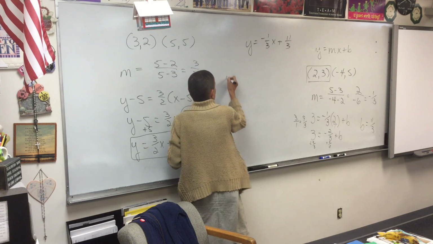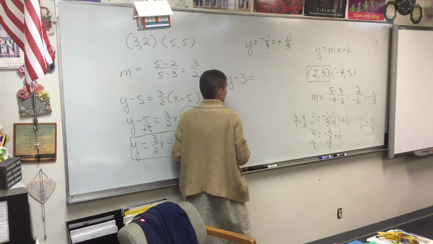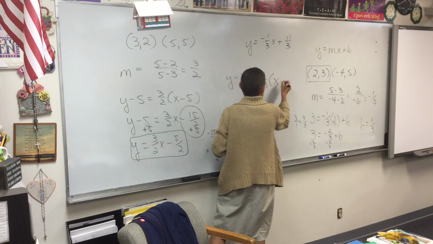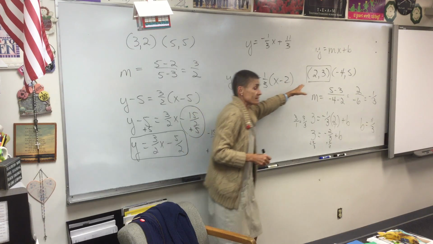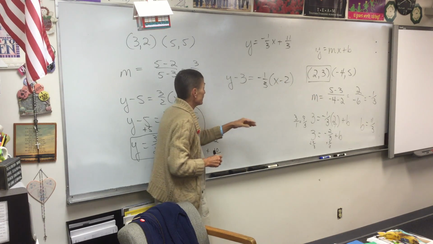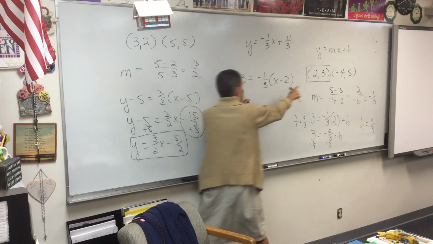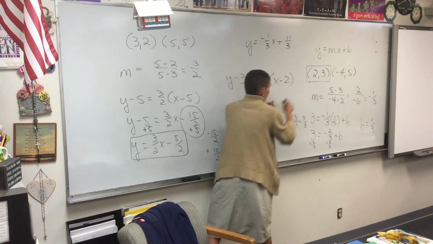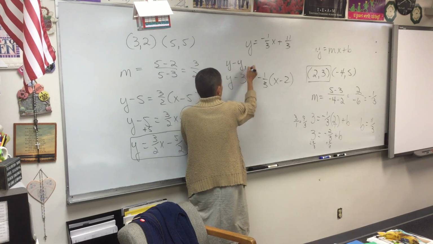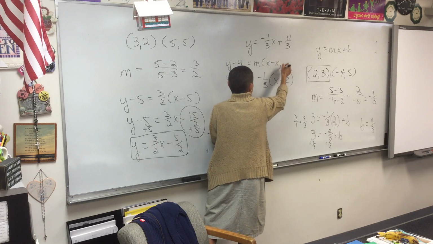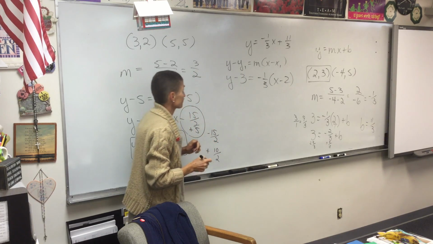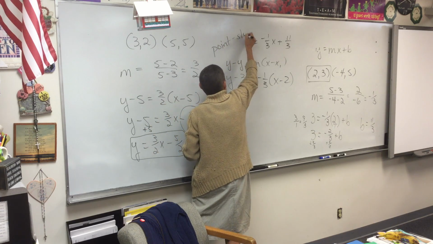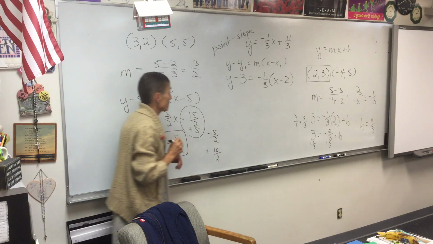Point slope says y minus your y coordinate equals m times x minus your x coordinate. Now I'm using the same point. I could use either one. But I take y minus my y coordinate equals negative 1/3 x minus my x coordinate. The actual formula, for those of you that like formulas, looks like this. That's called the point slope formula.